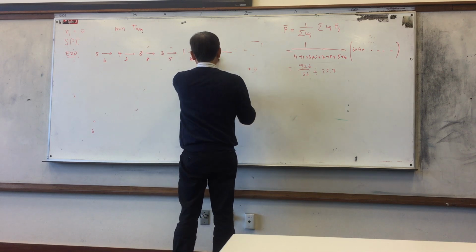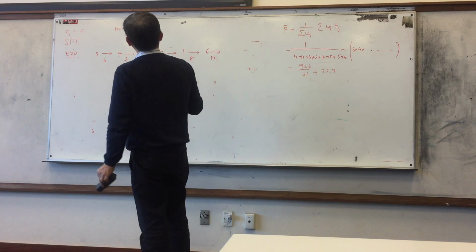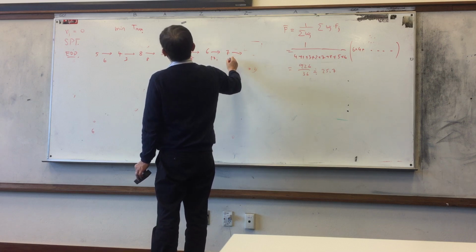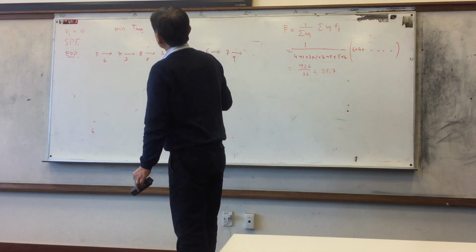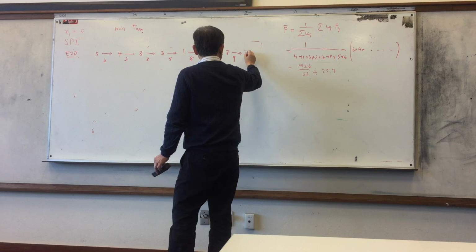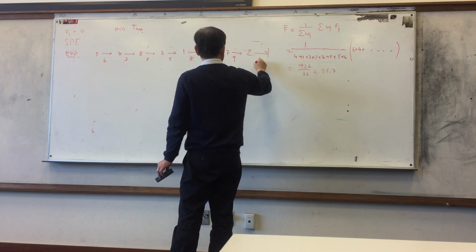Then the next one is 7, which has a flow time of 9, and the last one is 2, which has a flow time of 12.